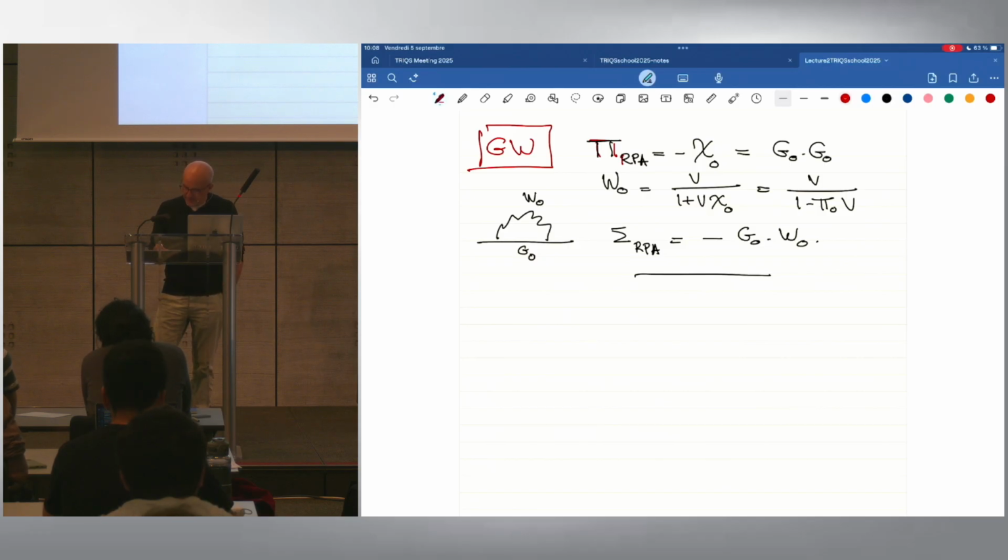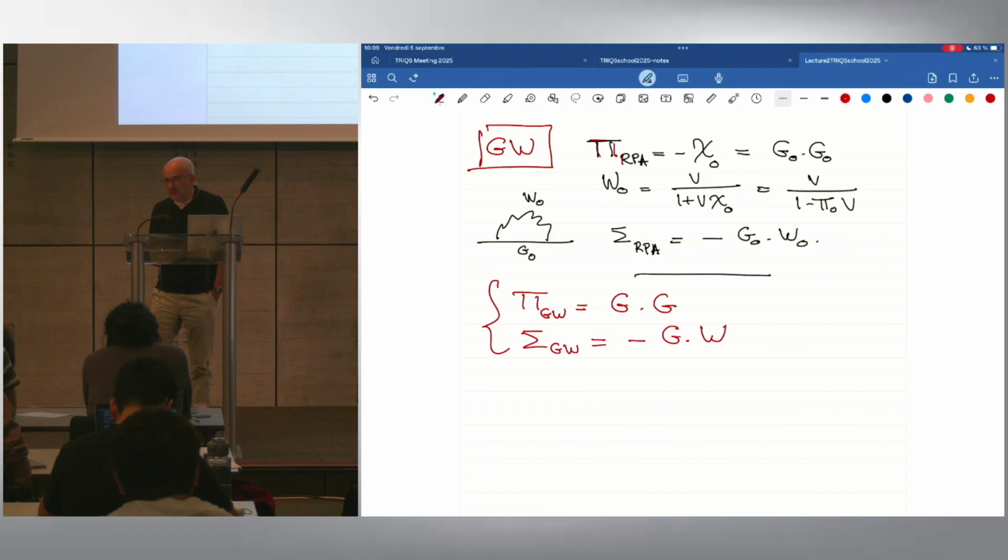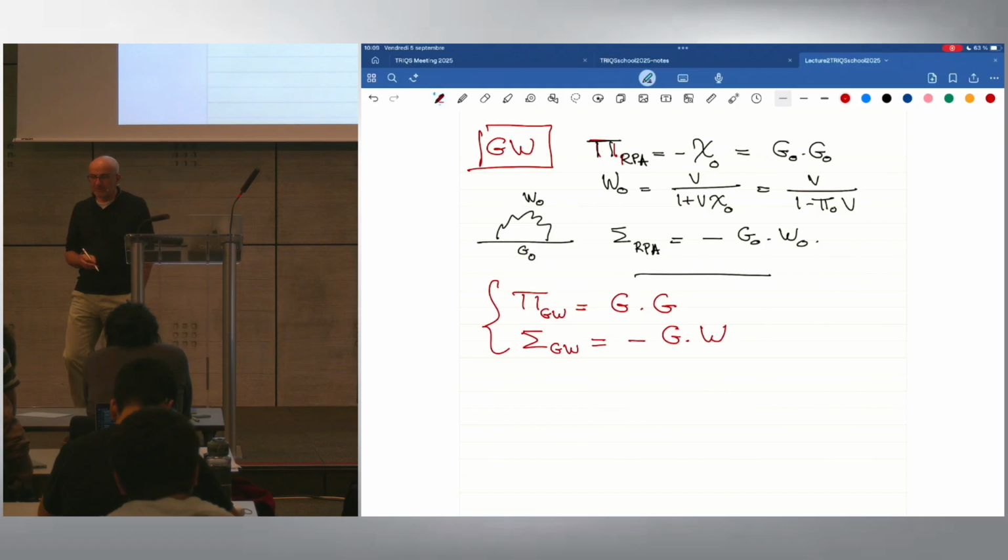So in GW, let me put this equation now in red. We're going to say that pi at the GW approximation level is not G naught G naught, but is GG. And similarly, sigma at the GW level is not minus G naught W naught, but it is minus GW. But of course, we don't know G and W, right?